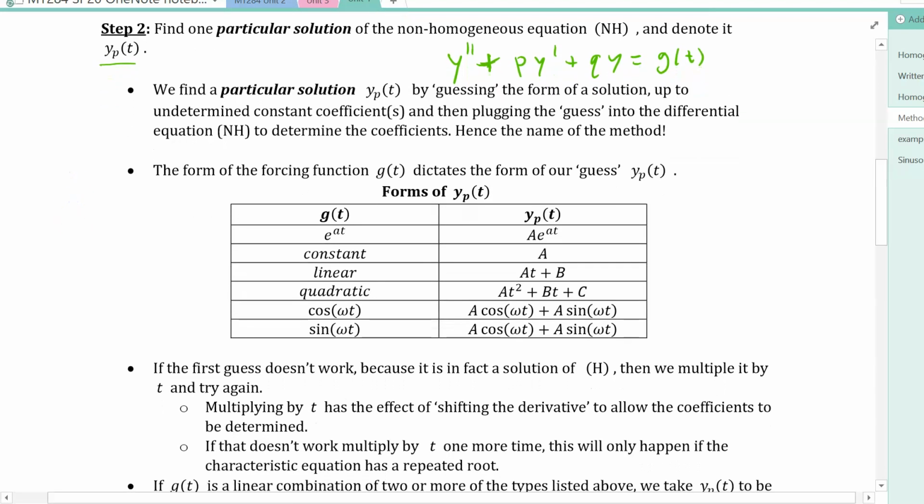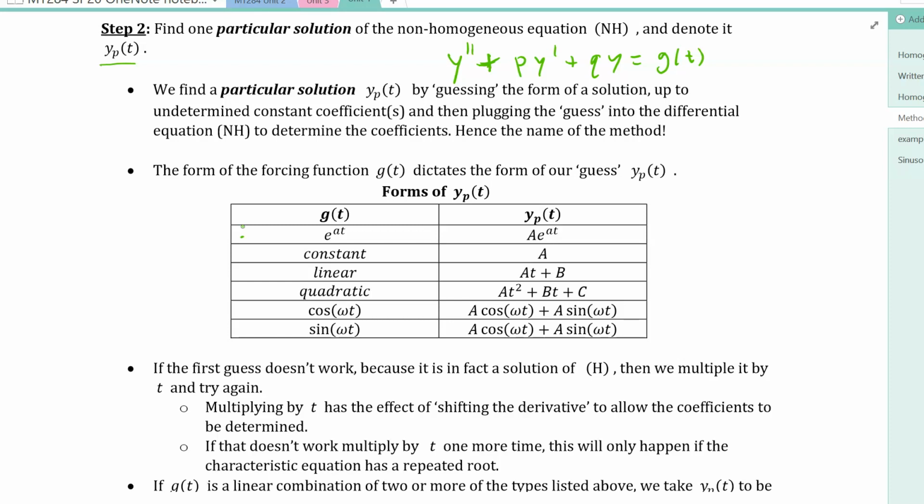If the right hand side function is an exponential, like I've got here in the first column of this table, say e to the at, then we're going to guess capital A, or just some other constant, times e to the at. Some textbooks or videos might use alpha.